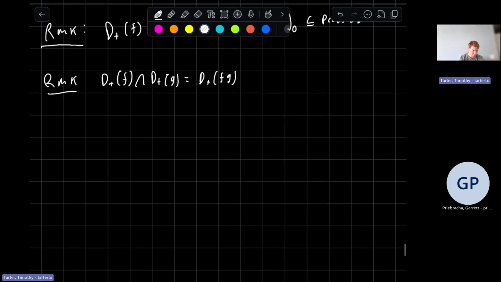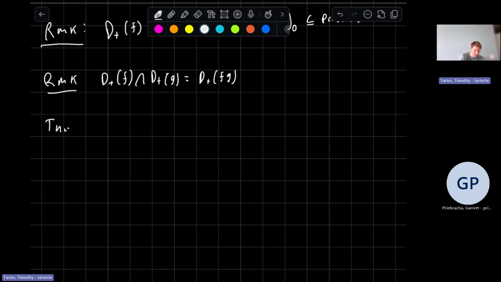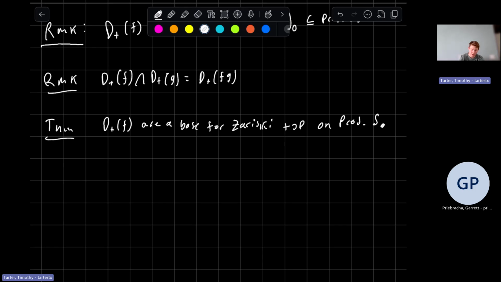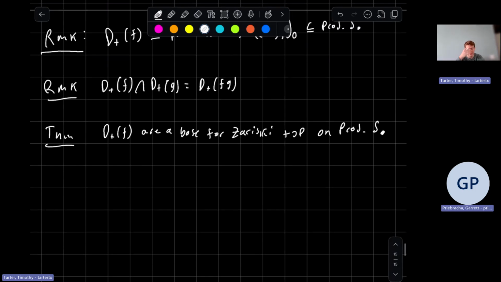And so yeah, in a similar way, the D plus F are a base for the Zariski topology on Proj S. And this is just another fact that transfers over smoothly. Okay, so any questions so far? No.